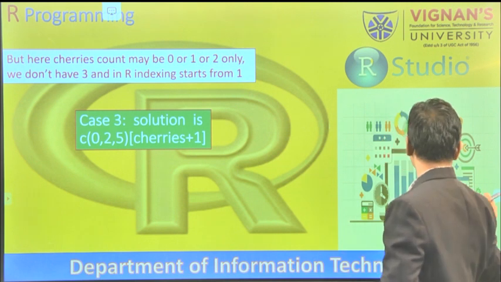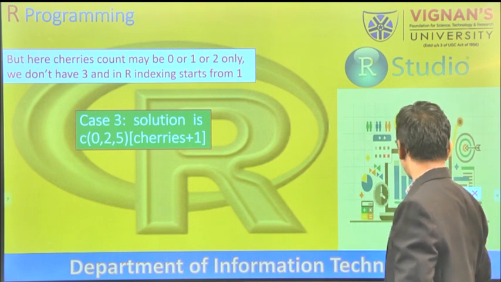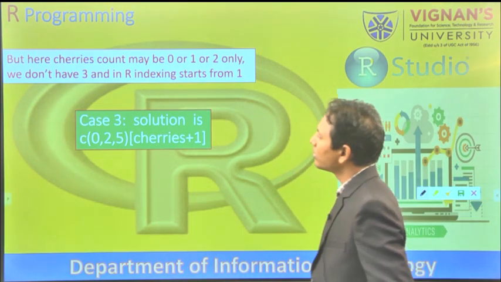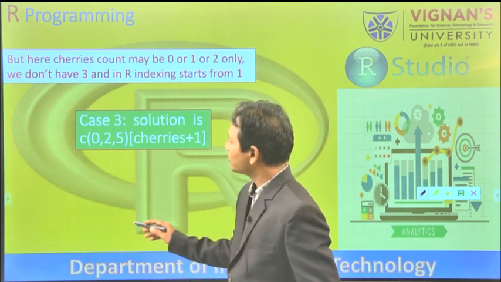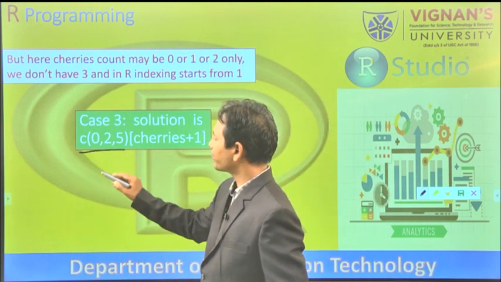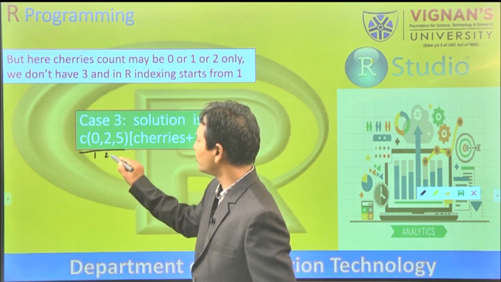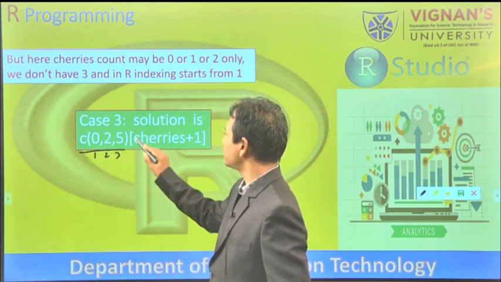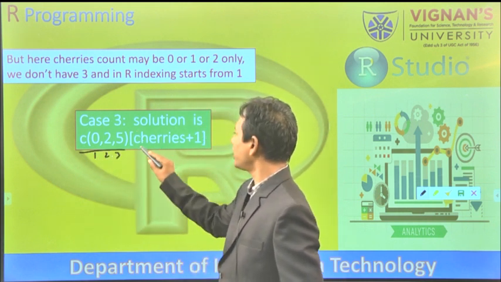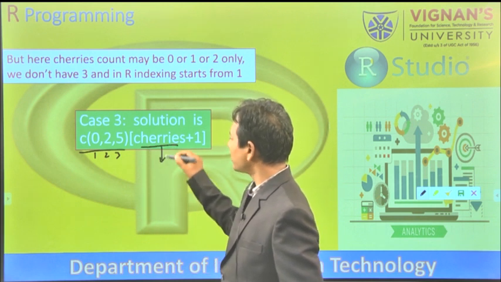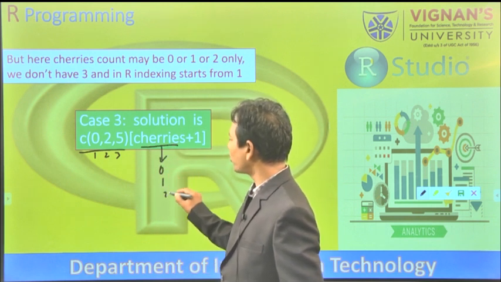So, the case 3 solution. C of 0, 2, 5, and the index values are 1, 2 and 3, and this is 1-based indexing. These are the cherry values, and the possible cherry counts are 0, 1, 2.